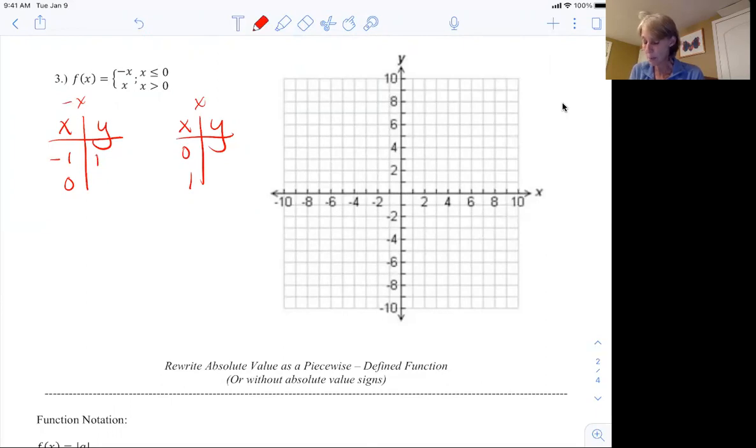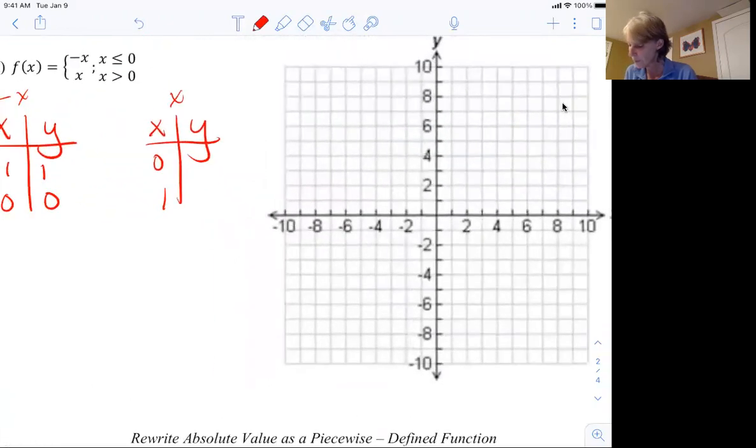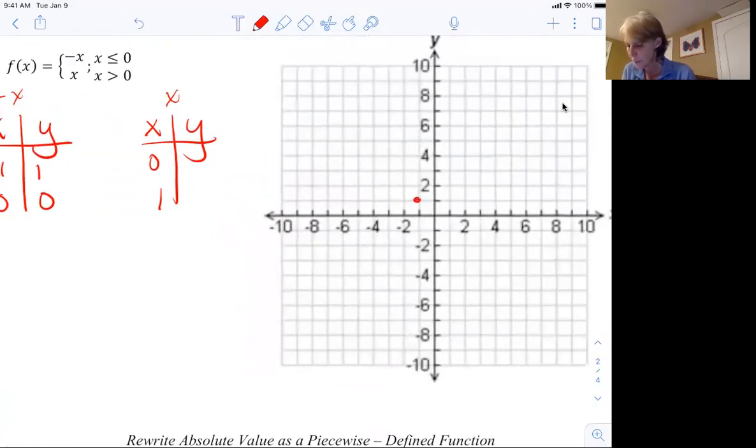And the negative 0 is just 0. So (negative 1, 1), and this one's going to be a closed circle. Even though we just drew those two points, it's actually going to extend forever. When I plug in 0, I get 0. When I plug in 1, I get 1. That's our y equals x line.